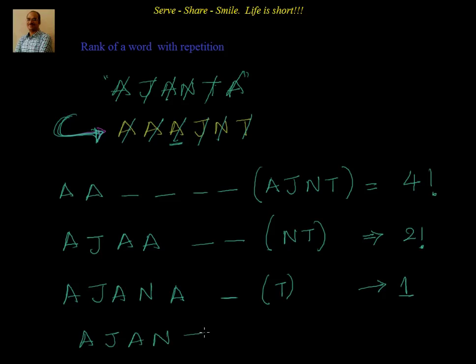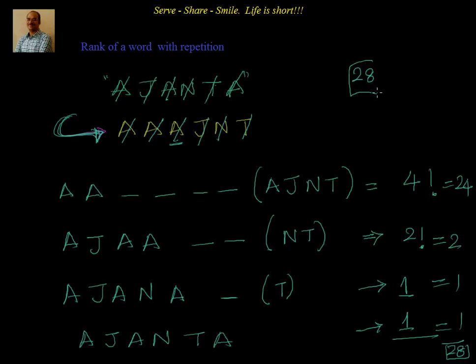So the last one will be AJANTA, which is equal to 1. If you add them, factorial 4 is 24, factorial 2 is 2, 1 is 1, 1 is 1, you just add them up, you get 28. So the rank of Ajanta is 28, whereas the rank of Janata is 68.